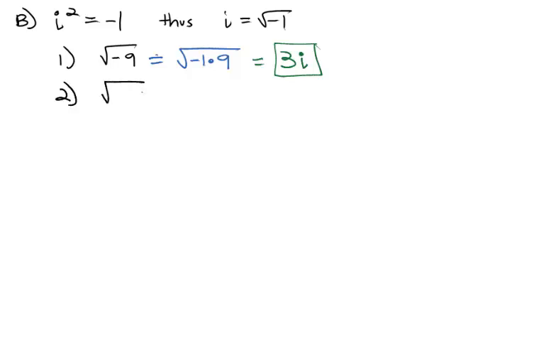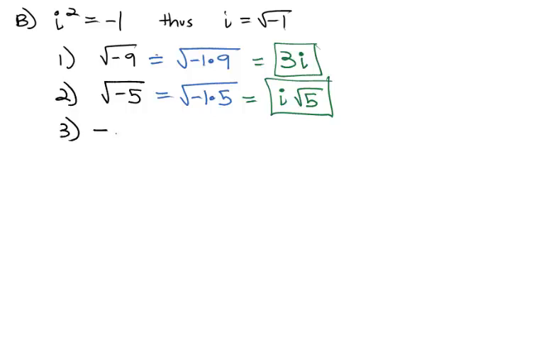Number 2, square root of negative 5. We can even do things that don't come out pretty, because we can split this up to the square root of negative 1 times 5. And the square root of negative 1 is i, and the square root of 5 stays inside the radical, because we can't take its square root.